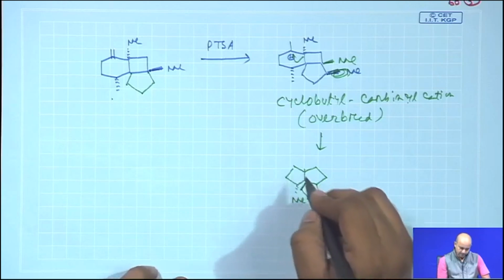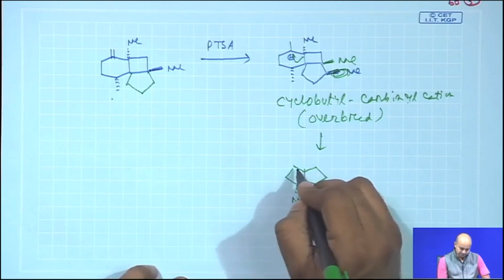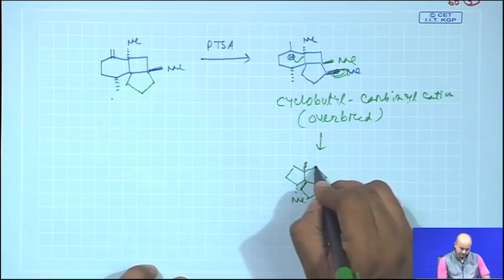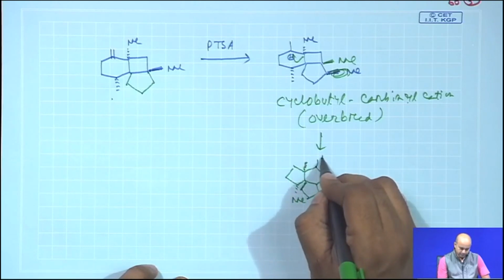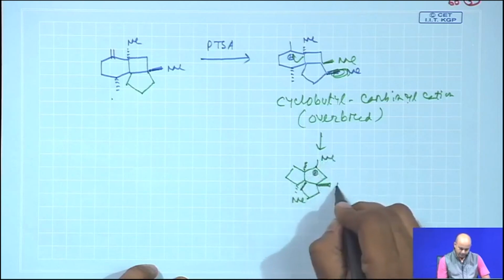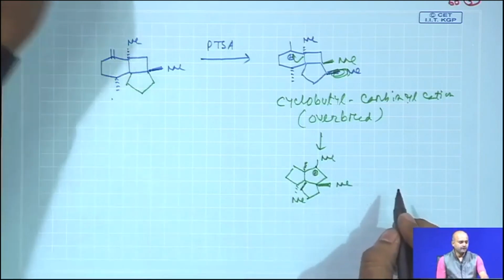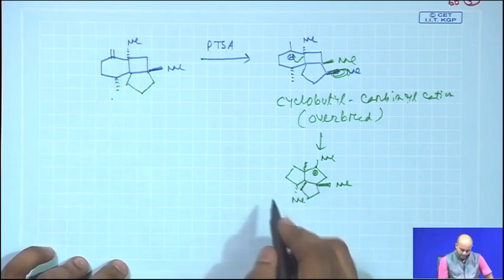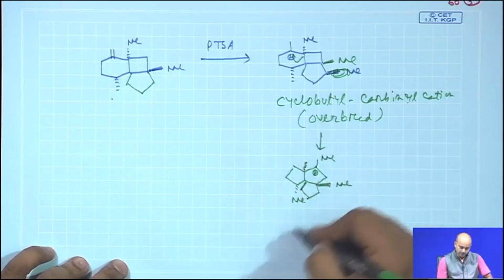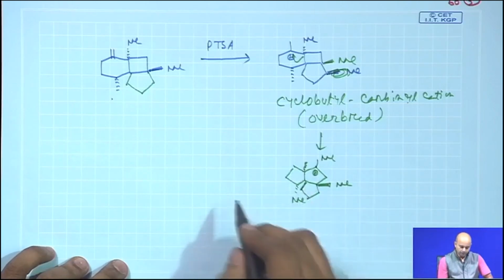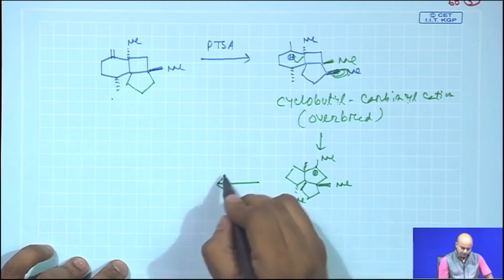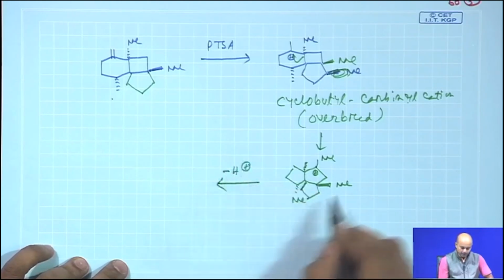So, then you will get this angular methyl here, and this methyl, fine. So, a cyclobutyl system is undergoing rearrangement to a cyclopentane based system. The strain has been released, the only thing left is the elimination.